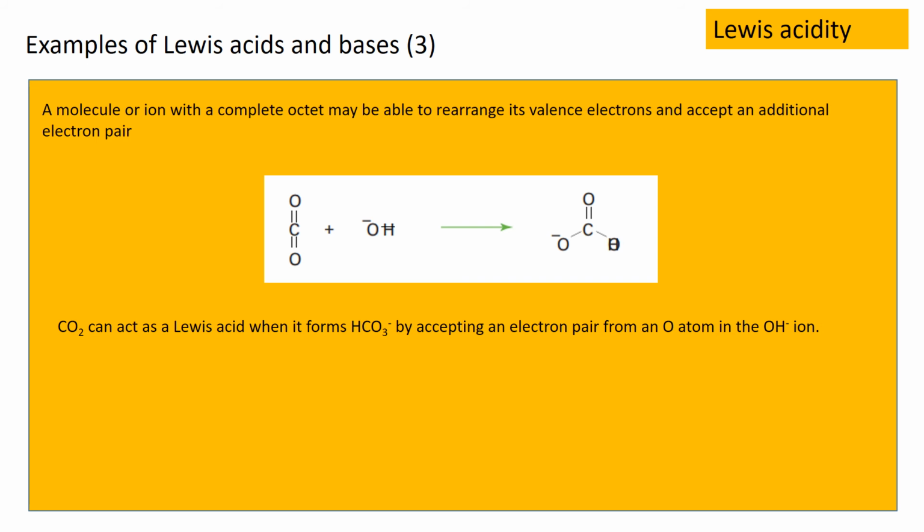Now, a molecule or an ion with a complete octet may be able to rearrange some of its valence electrons and accept an additional electron pair. So CO2 can actually act as a Lewis acid when it forms HCO3- because it accepts an electron pair from an oxygen atom in the OH- ion.